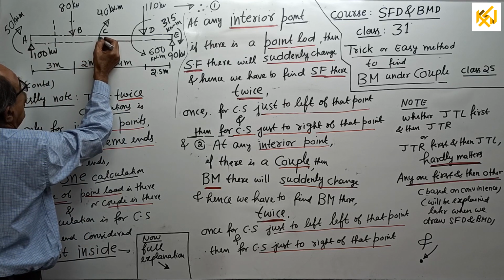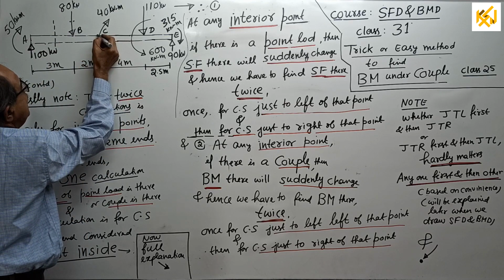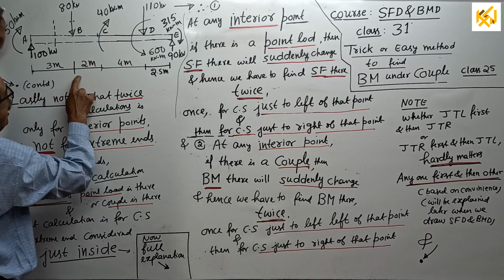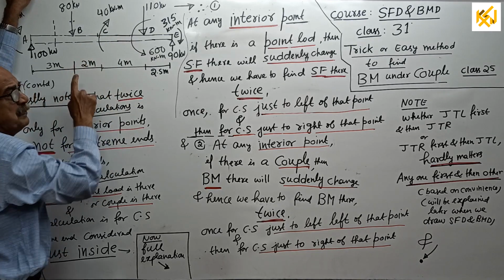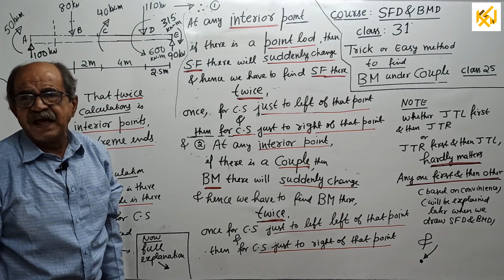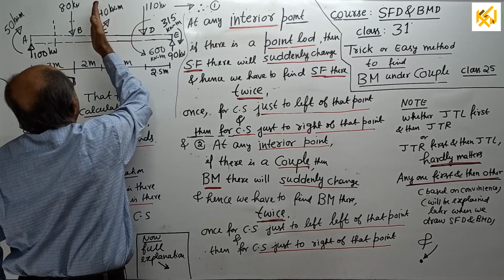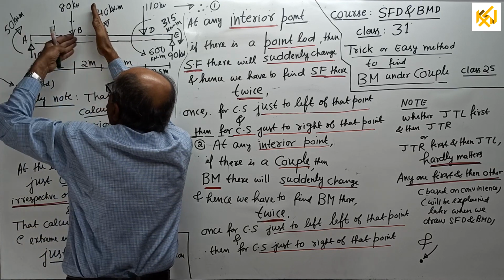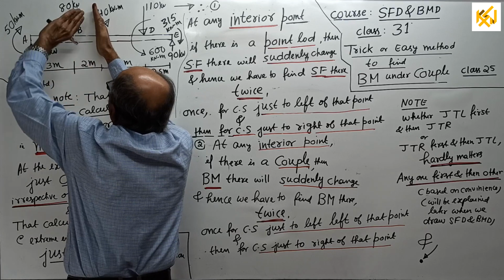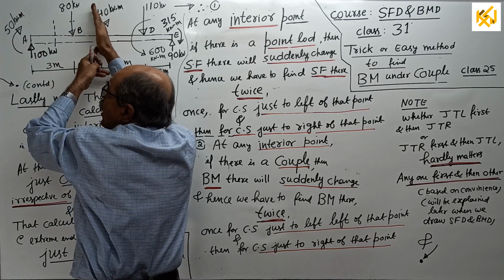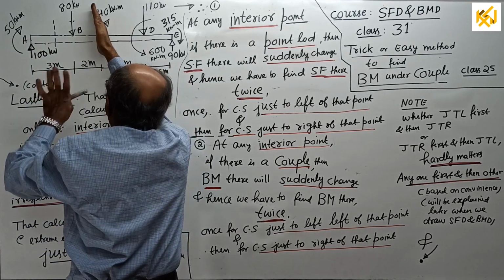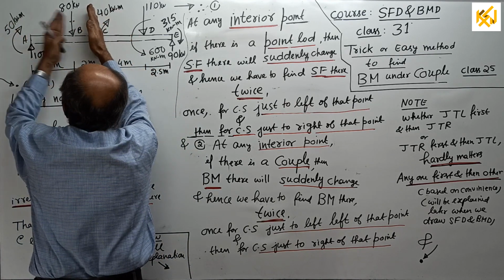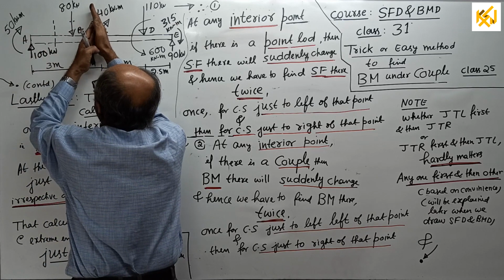Till you reach this point, if you are slightly to the left of this point, very, very near to C, that is not 2 meter from here, 1.99999 meter like that, if you look this side, bending moment will be plus 50 plus 100 into 5 minus 80 into that 1.9999, means 2. That is the bending moment. So this will not come.